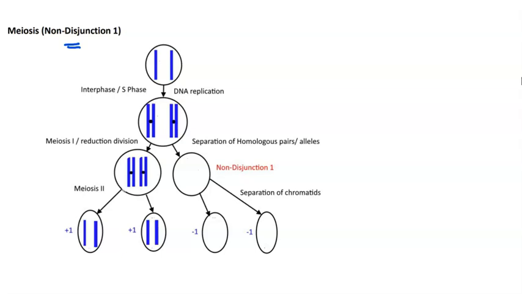You'll recall that meiosis has 2 rounds of cell division. So let's just go through this. I'm illustrating this with reference to a homologous pair here. So this is our homologous pair.